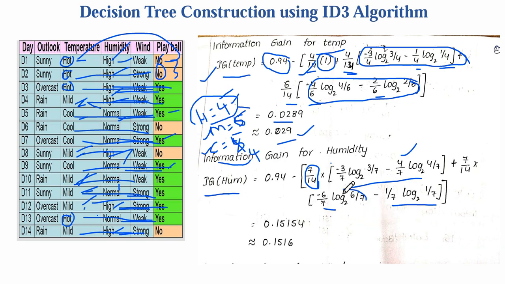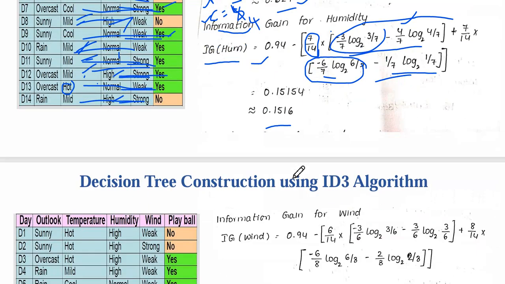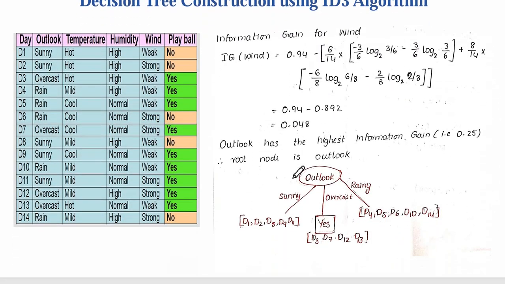So this is the entropy for humidity equal to normal, and this is the entropy for humidity equal to high. If we simplify this one, we get the value 0.1516. Next we have to calculate the information gain of wind.